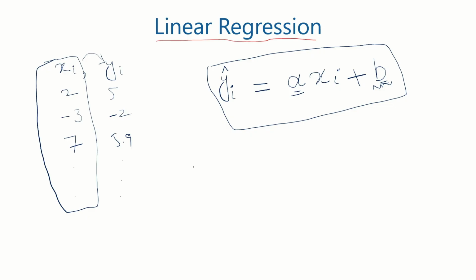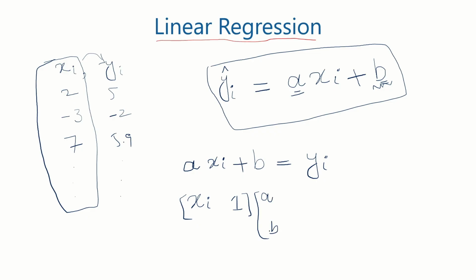So I'm rewriting the same equation. I want to find out a. I am given xi, and a times xi plus b is equal to yi. Yes, I can rewrite this equation in matrix form. If you know matrix multiplication, if I write xi and 1 as a row vector, and if I write a and b as a matrix, then the result might be yi as a matrix.